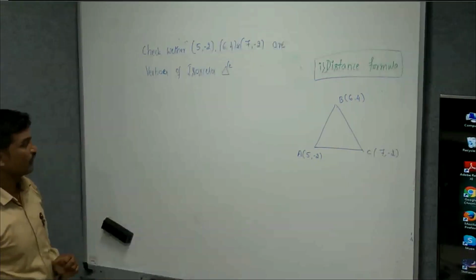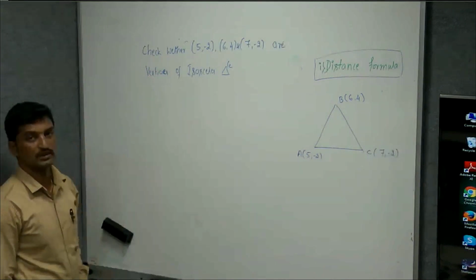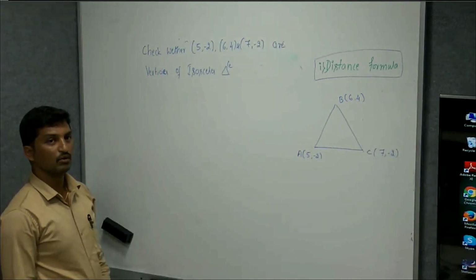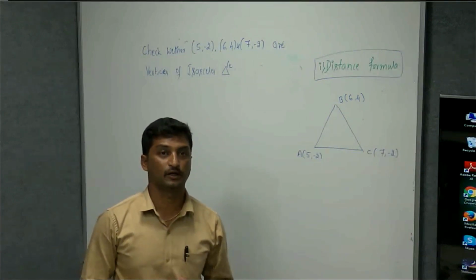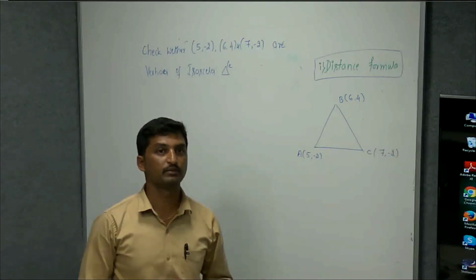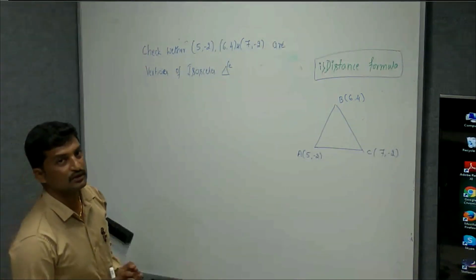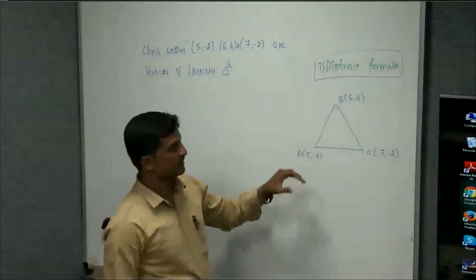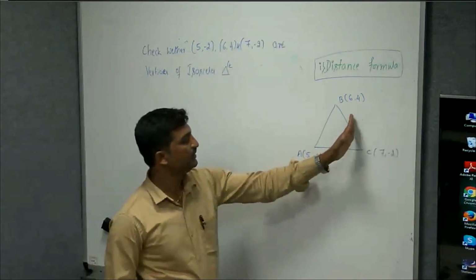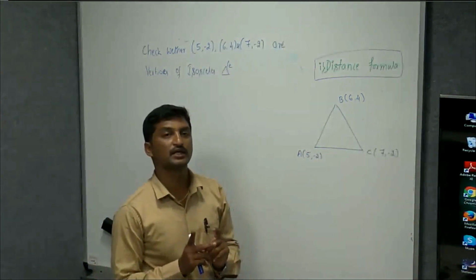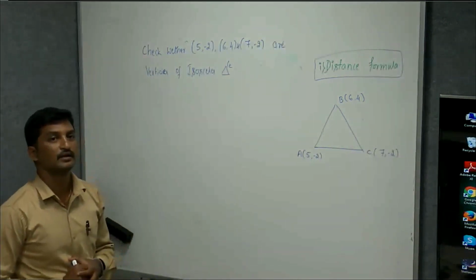Now, what's my question? We need to check whether it is an isosceles triangle. What are the conditions to say whether it is an isosceles triangle or not? That's very important, right? The condition is very simple. In any triangle, if any two sides, either AB or BC, or AB or AC, or BC or AC, are equal, then it is an isosceles triangle.